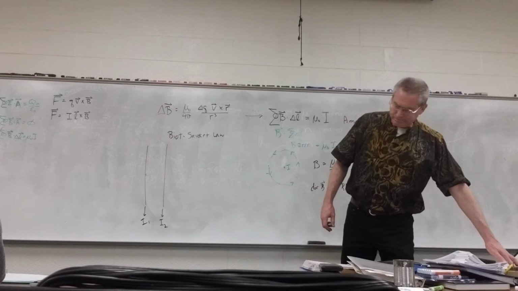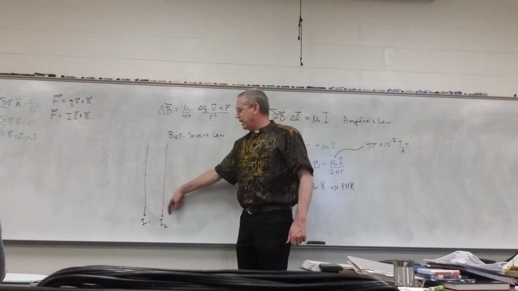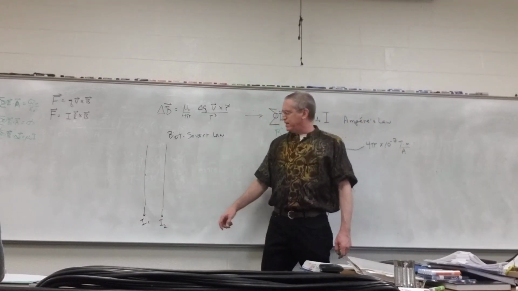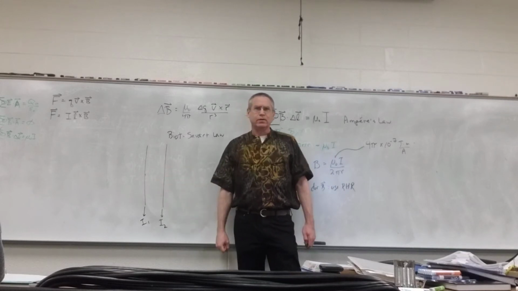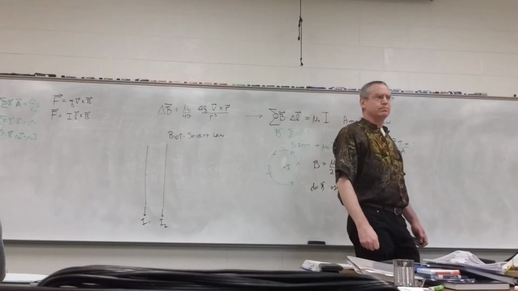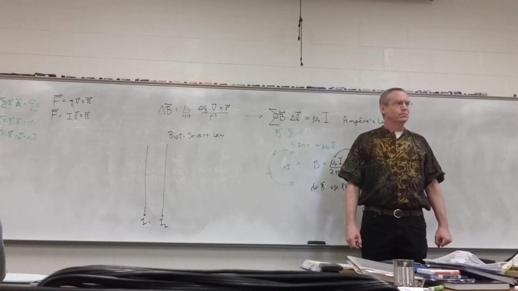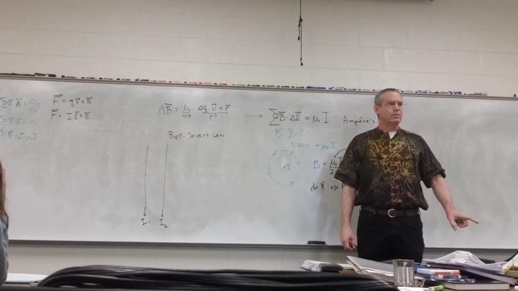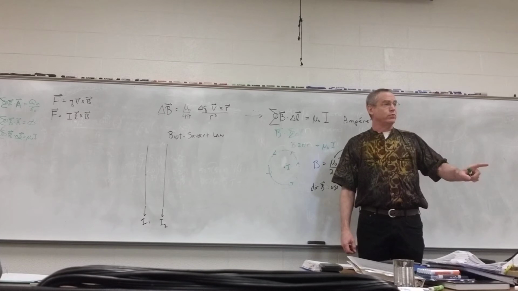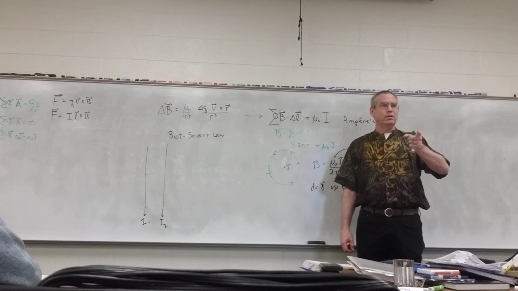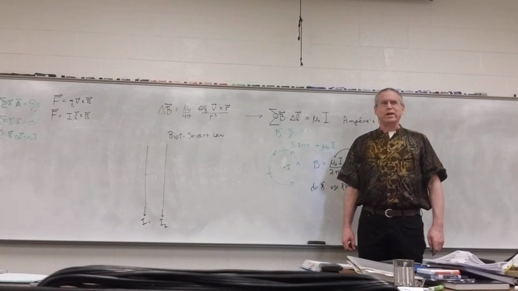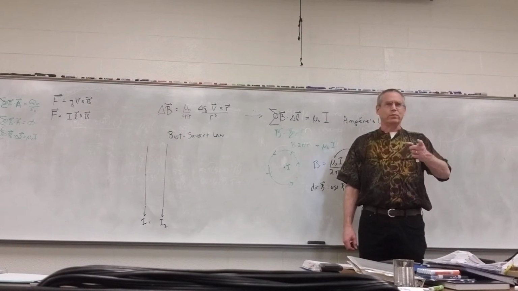So, all right, this current I2, which way is the magnetic field going here because of this current on this side? Yeah, you're a little off there. So you were doing the right-hand rule there.